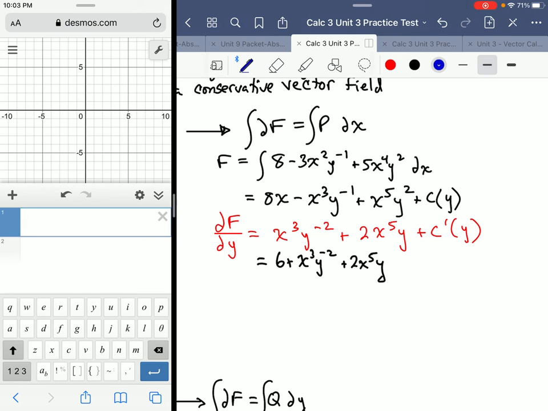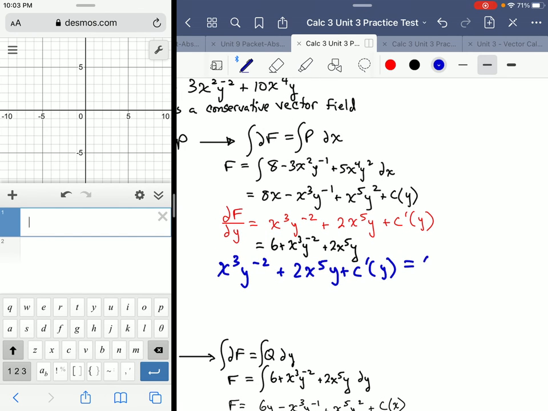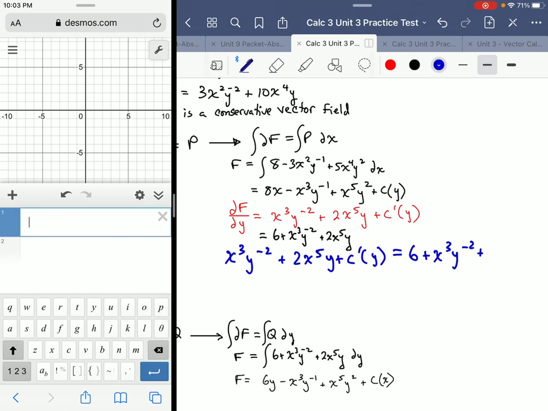Alright, so we'd be looking at x to the third, y to the negative second, plus 2x to the fifth y, plus c prime of y is equal to 6 plus x to the third, y to the negative second, plus 2x to the fifth times y. Alright, and we'd see cancellations abound here.